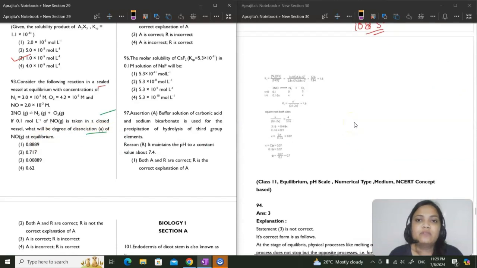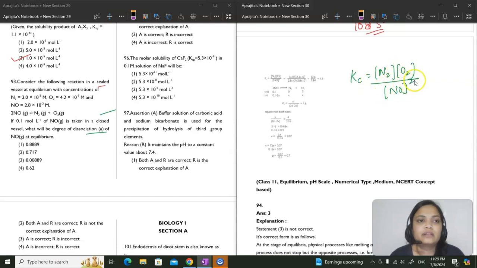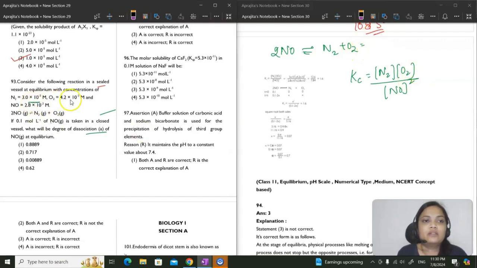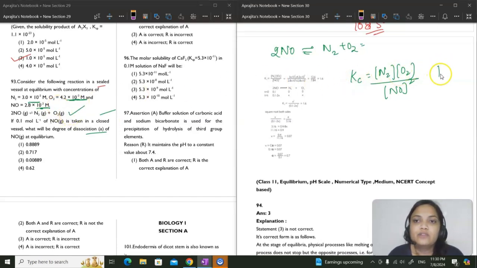Okay, so firstly we will be finding out the value of Kc, the concentration of product upon reactant. Because we are talking about the dissociation of nitric oxide, it will be dissociating into N2 and O2. So by putting in the concentrations of N2, O2 and NO, which are given, just put the values and you will find the Kc.